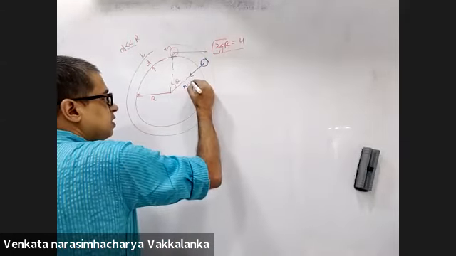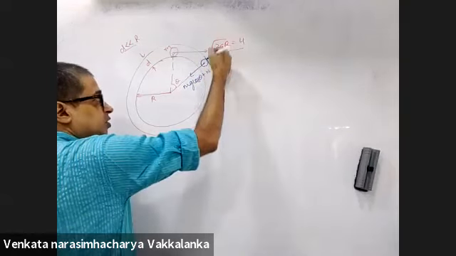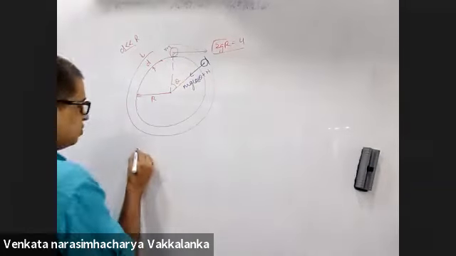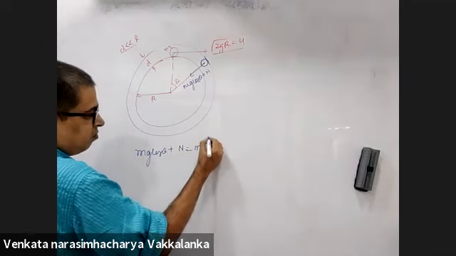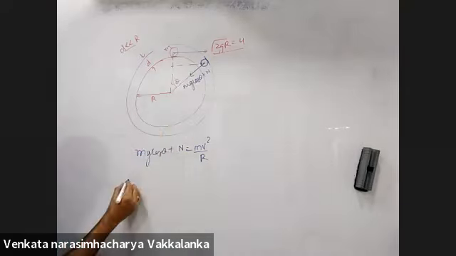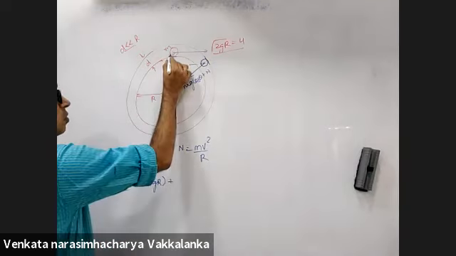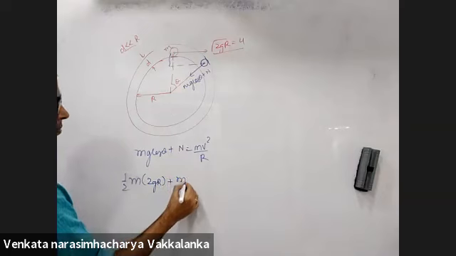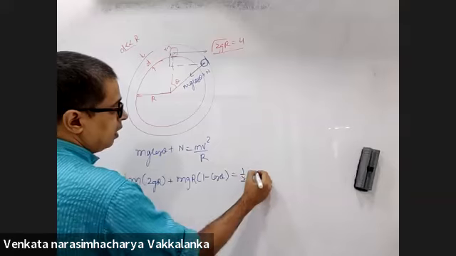So this will be mg cos theta plus N. The bob is touching the outer surface. First dynamic equation: mg cos theta plus N is equal to mv square by R. Second equation is conservation of energy: half m u square, initial energy with u as under root 2gR, plus mgR into 1 minus cos theta is equal to half mv square.